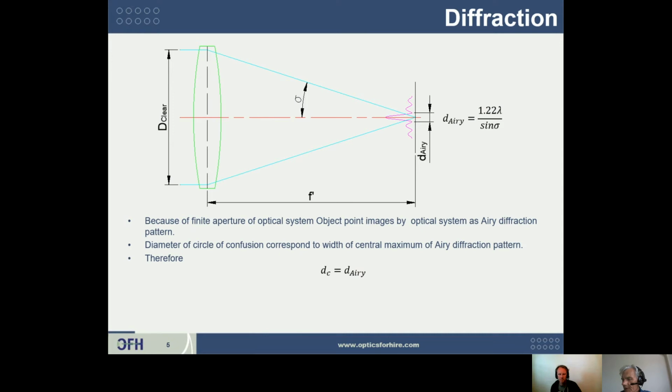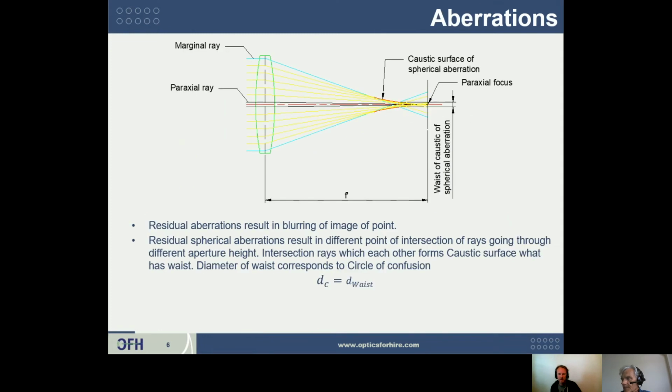You just make the clear diameter of the objective smaller, and it helps to reach a bigger depth of field. This is just connected with the influence of diffraction. Okay. Thank you. All right. Let's look at the next one now.